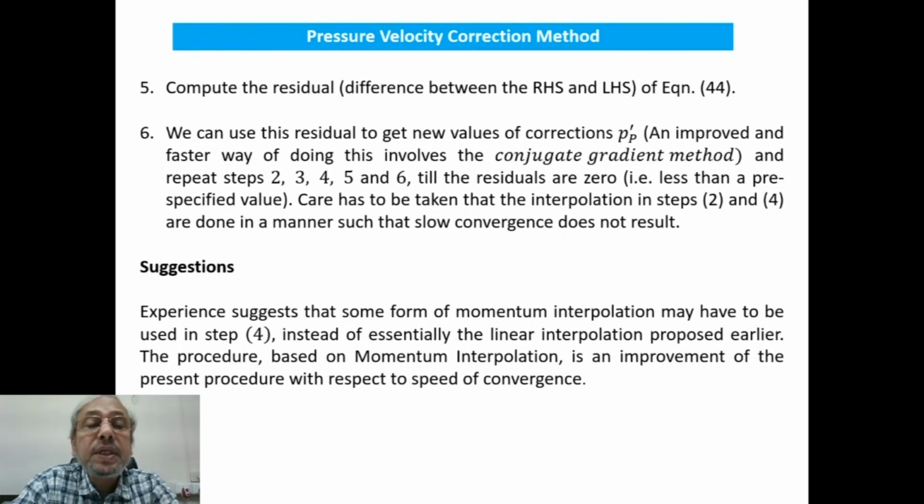We can use this residual to get new values of the corrections PP prime, and an improved and faster way of doing this may involve the conjugate gradient method, and repeat steps 2, 3, 4 and 6 till residuals are 0, that is, less than a pre-specified value.